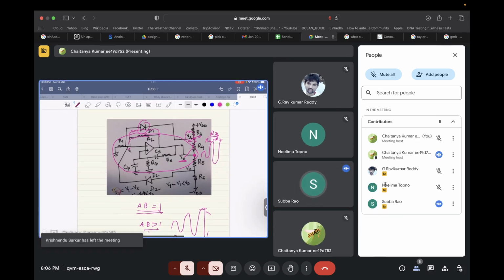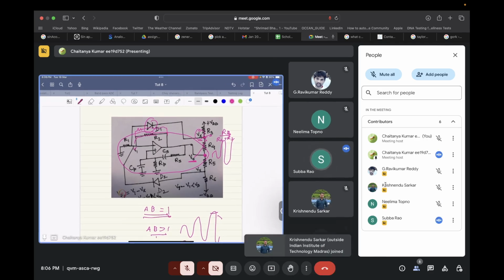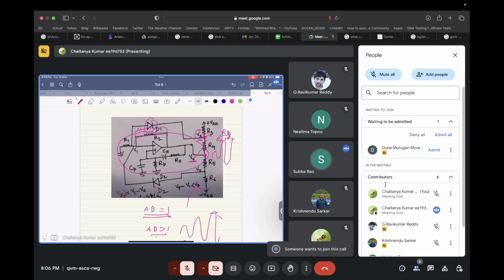No, you need to understand, we are talking about the magnitude of VO. As VO goes in the positive direction, it will cross a certain threshold and D2 will start conducting. When VO goes in the negative direction, it will cross a certain threshold and D1 will start conducting.